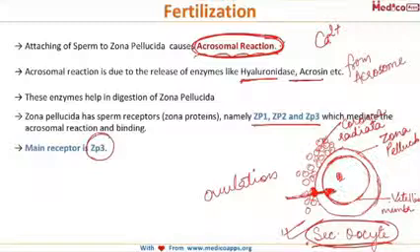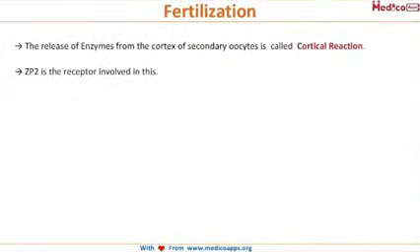Now once the sperm has entered the secondary oocyte, it causes the release of cortical enzymes from the secondary oocyte and this is called cortical reaction. The receptor involved is ZP2. Now remember, the main receptor involved in acrosomal reaction is ZP3 and the main receptor involved in cortical reaction is ZP2.